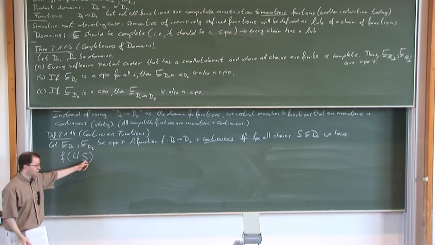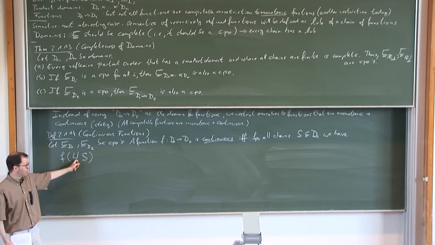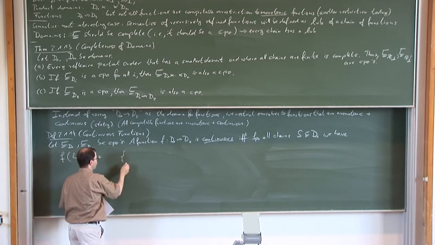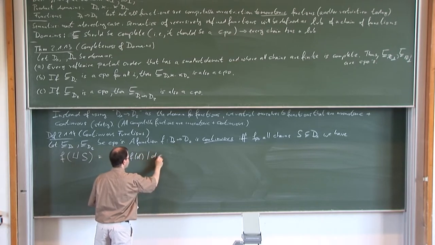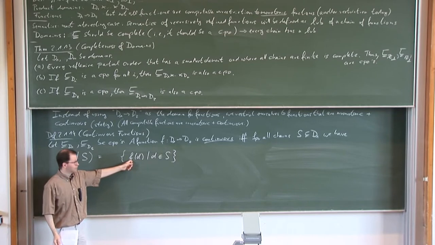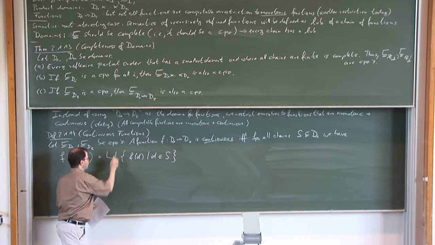Now this means take the chain, compute the least upper bound, and then apply f to this element, which is the least upper bound of this chain. This should be the same as first applying f. So you take all the elements from the chain, and you apply f to every element, and then afterwards you compute the least upper bound.